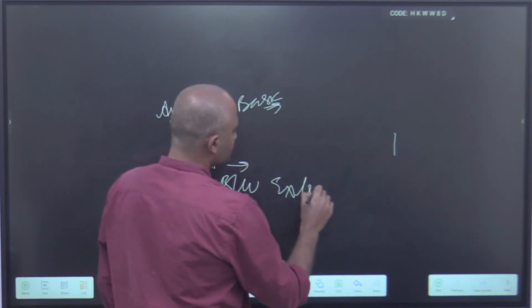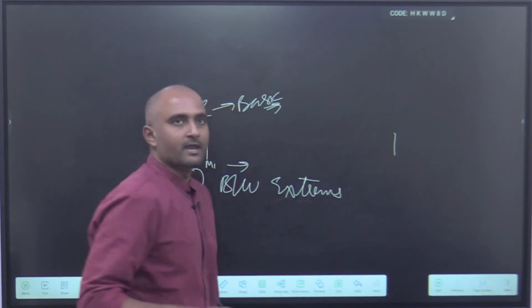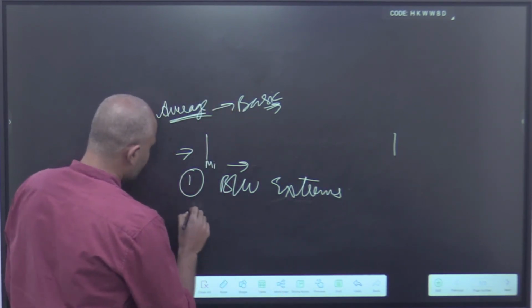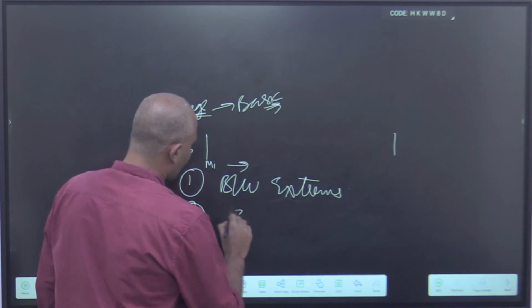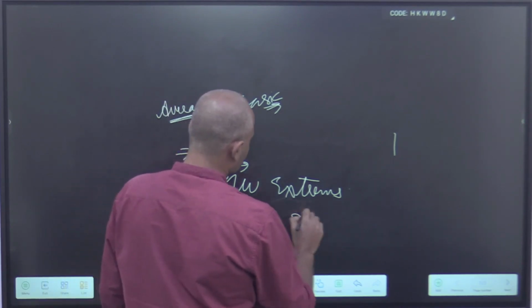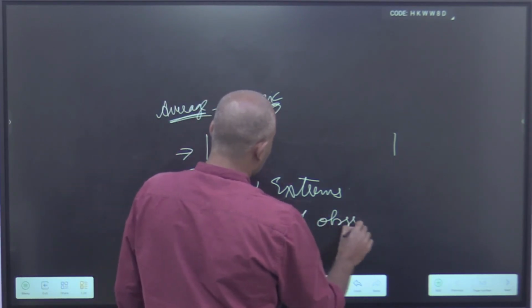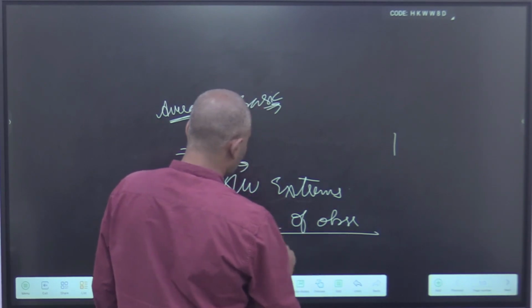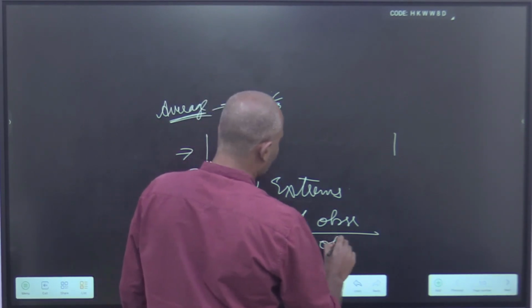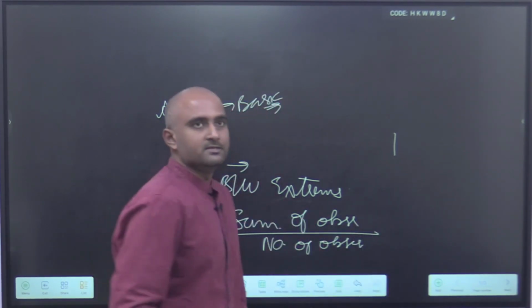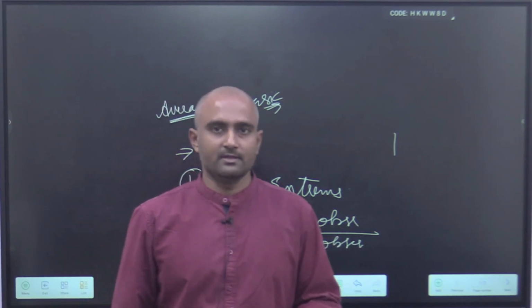The basic formula for calculating average is sum of observations by number of observations. This we have all seen in the previous class.